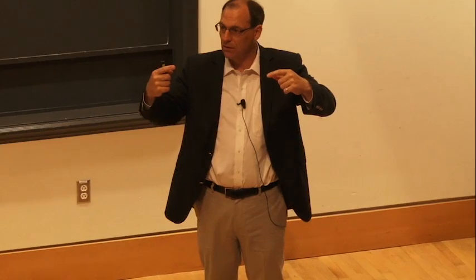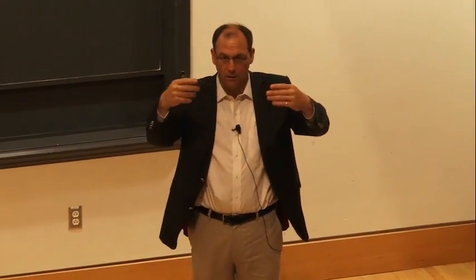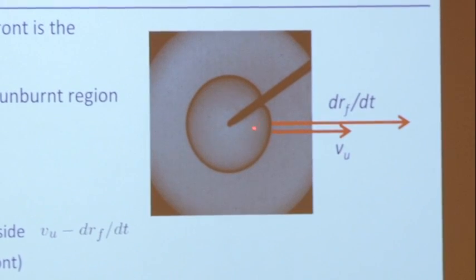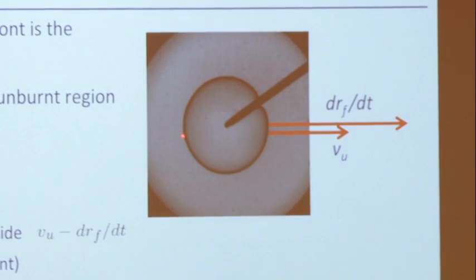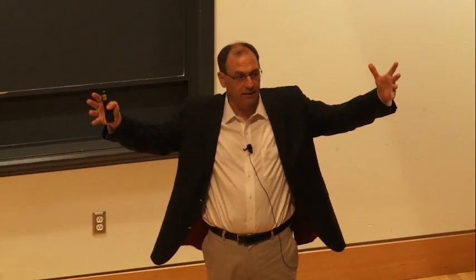What's interesting here in this particular setup is that you spark it in the center, and because it's symmetric, the flame moves out. And now it's not the burnt gas that accelerates, because on this side the burnt gas wants to accelerate to the left, and on this side it wants to accelerate to the right. Because it's symmetric, the velocity in the burnt is 0. Instead, the flame pushes the gas ahead of itself. Okay? So you get an outward flow.